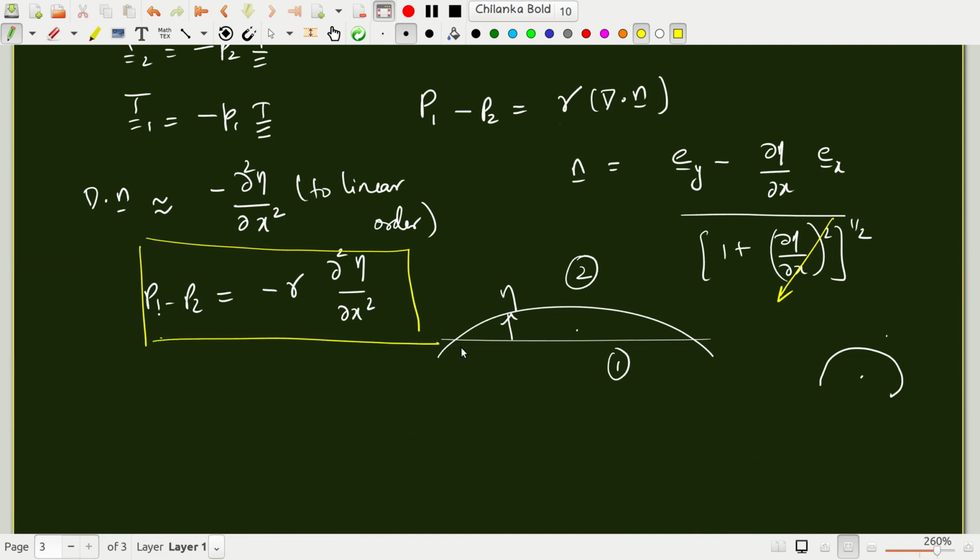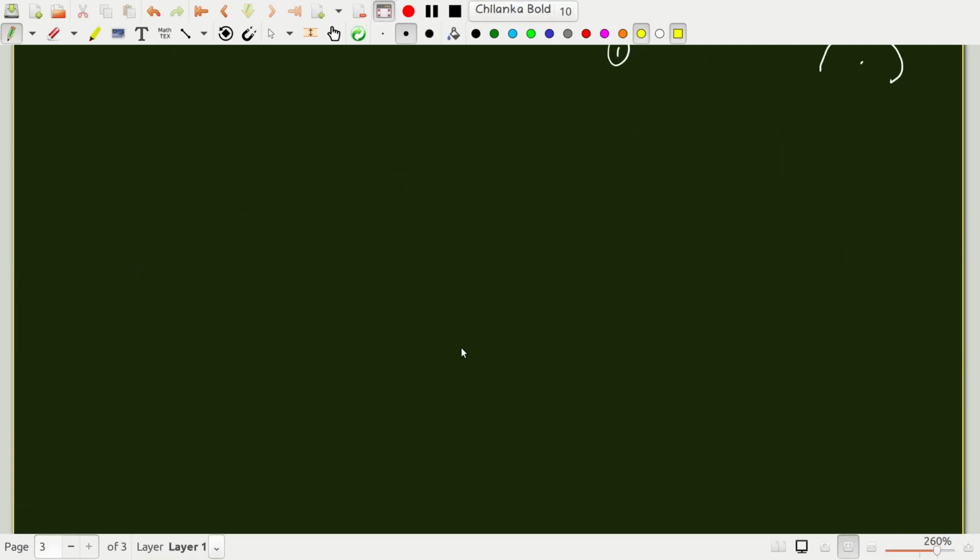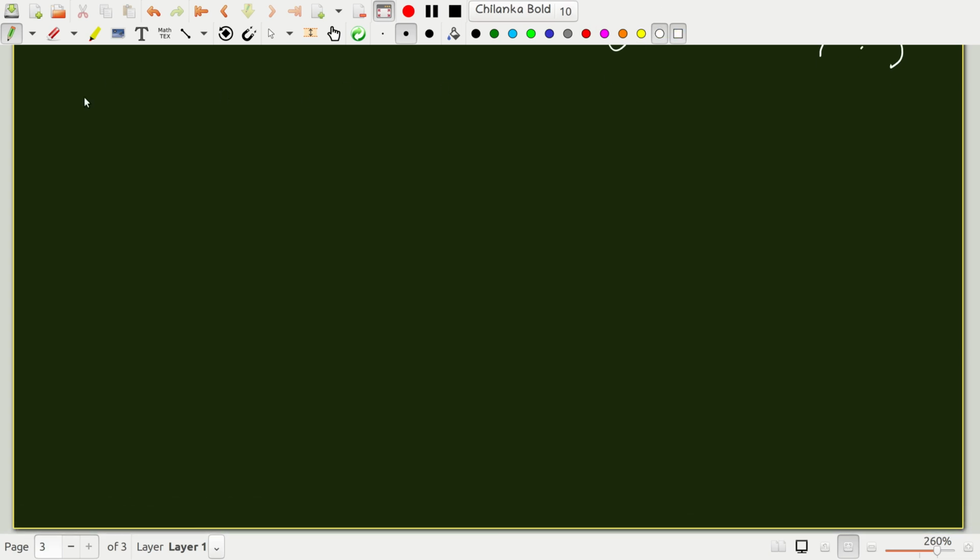Now what we have to do next is to finally solve the differential equations, the potential flow equations. So we are going to use the normal mode expansion for the perturbation. We'll say phi j prime of x y t is nothing but phi cap j of y times e to the i k x times e to the minus i omega t, okay.